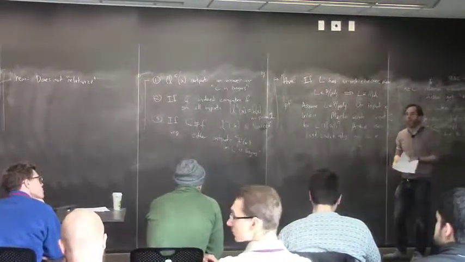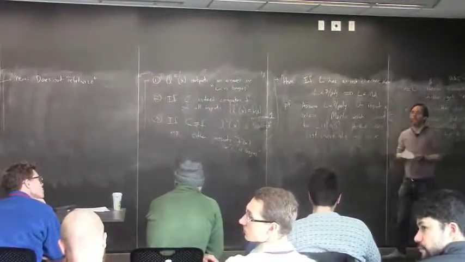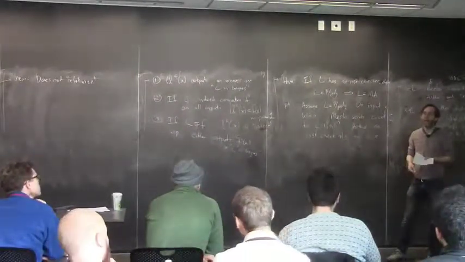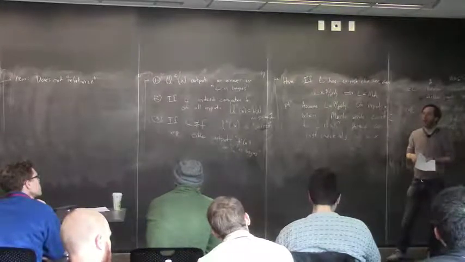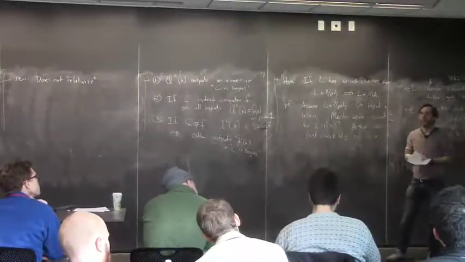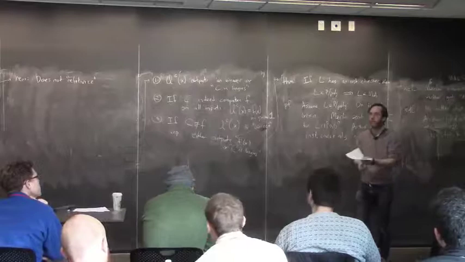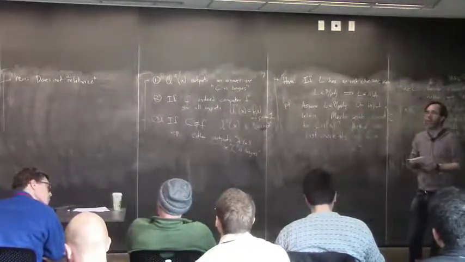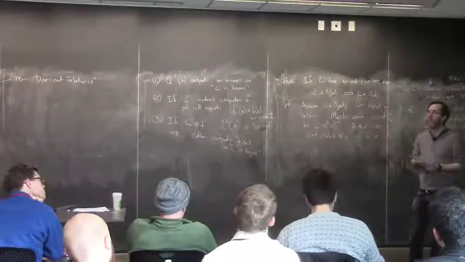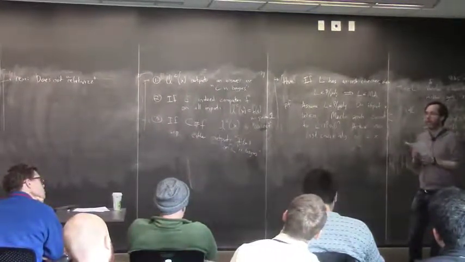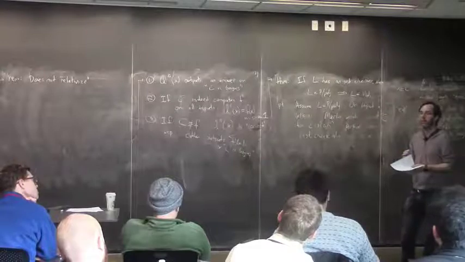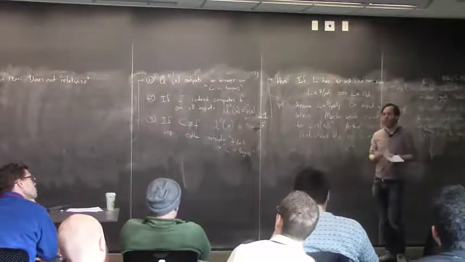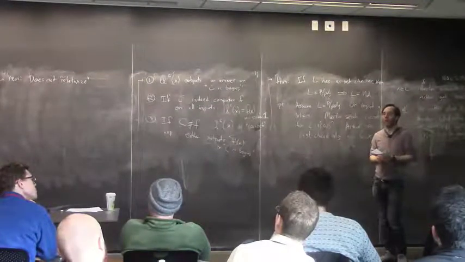So when you say there's a circuit for permanent 0, 1, do we mean any bit of the permanent? Yeah, or a multi-output circuit that outputs the number in base 2. So what version of the permanent is P to the sharp P complete? Good question. Valiant shows that even computing the permanent for 0, 1 matrices is sharp P complete.